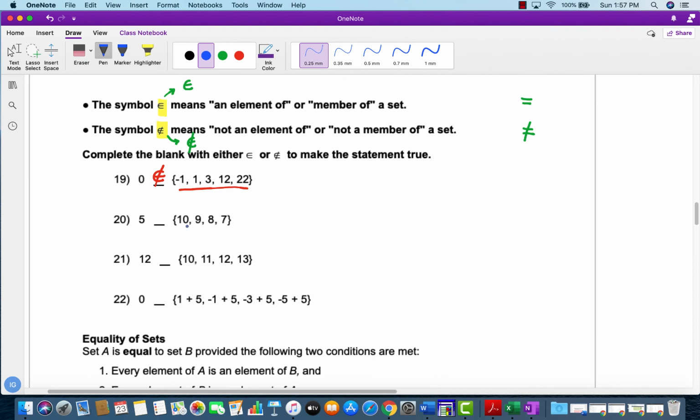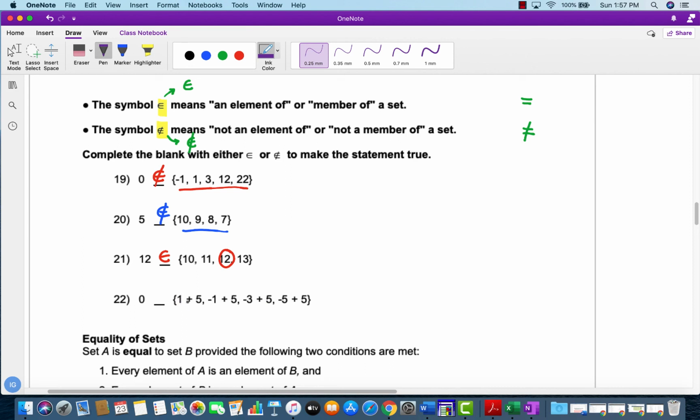So is 5 an element of this set? I don't see it either, so I'm going to say no, not an element. Is 12 an element? Yes, I actually see it right here. So 12 is an element of this set. And the last one, we have to do a little math here.